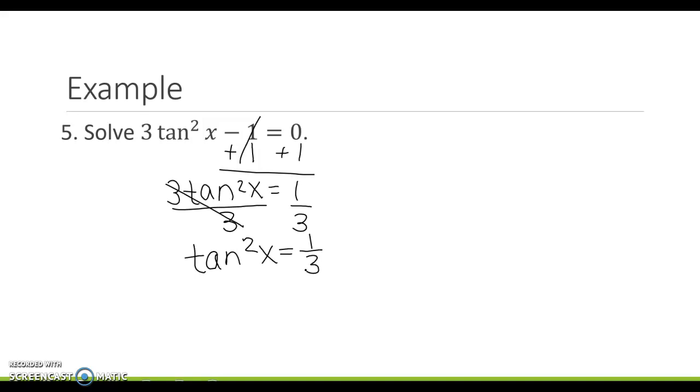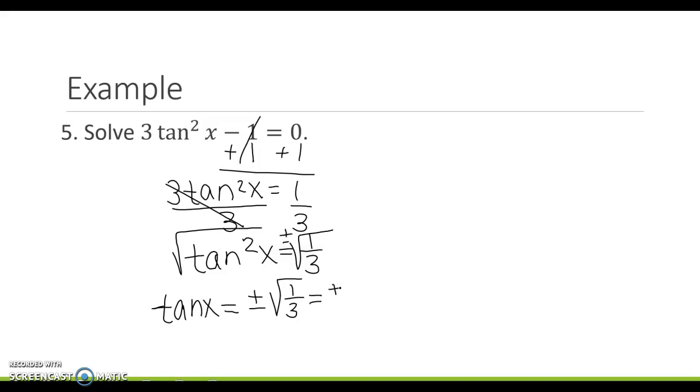And this is tangent squared. I just want tangent, so to get rid of the squared part, I'm going to take the square root on both sides, and you want to make sure when you take the square root that you include that plus or minus. So I end up just with tangent of x on the left hand side equal to plus or minus square root of 1/3. Let's simplify that square root of 1/3.